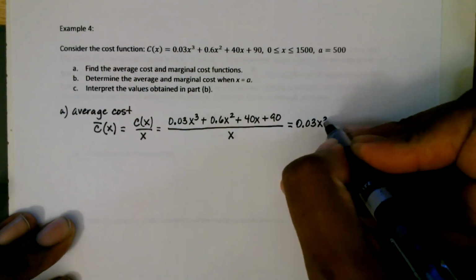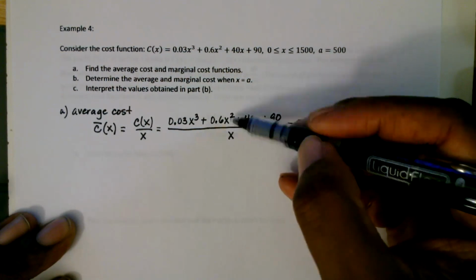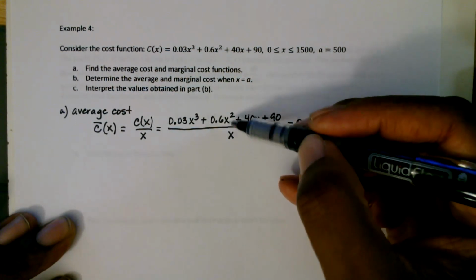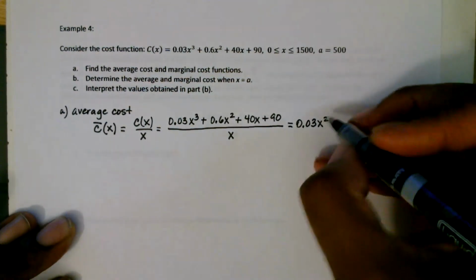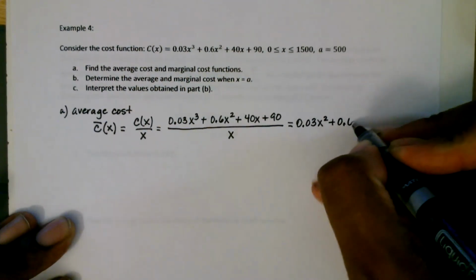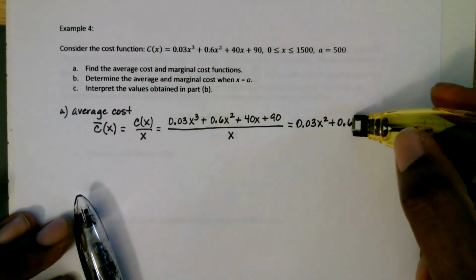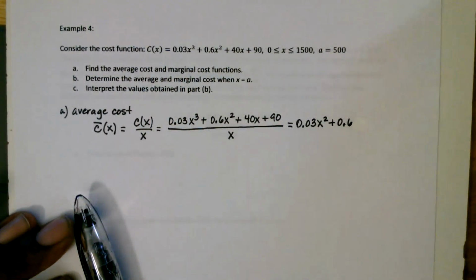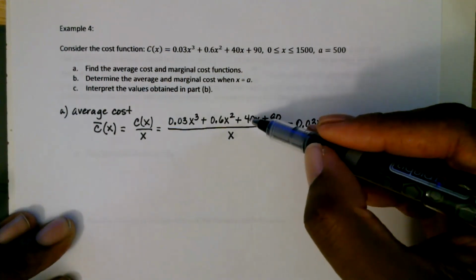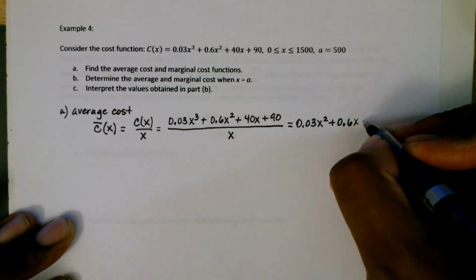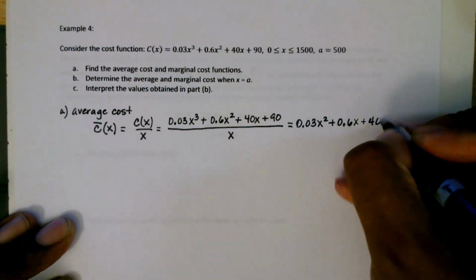So it'll be 0.03x squared. Then 0.6x squared divided by x. Again, one of the x's will divide out, leaving an x in the numerator, so it will be 0.6x. Then 40x divided by x: the x's divide out, you'll be left with a 40.